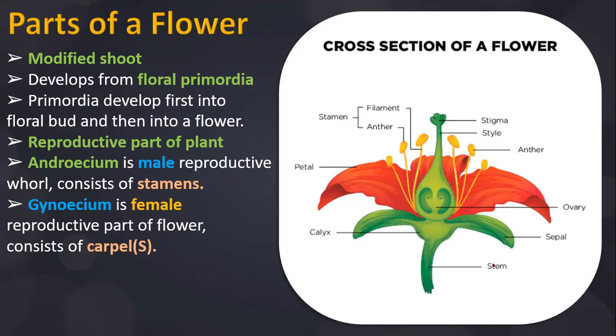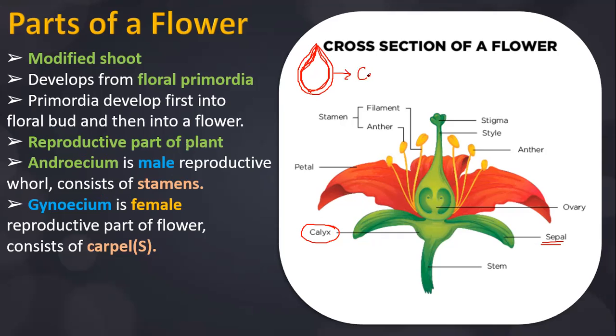So let's check in detail. The green colored portion you will call the calyx, and the individual units of calyx you will call the sepals. We already studied that a flower develops from the floral primordia, and the floral primordia will firstly be a bud, enclosed by a green covering.